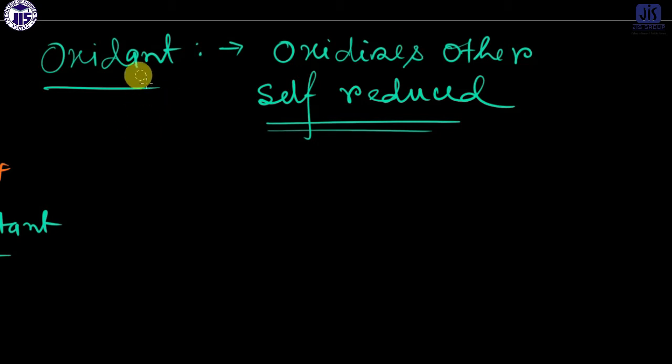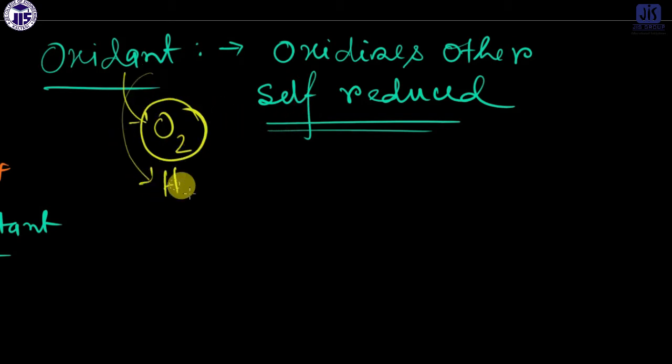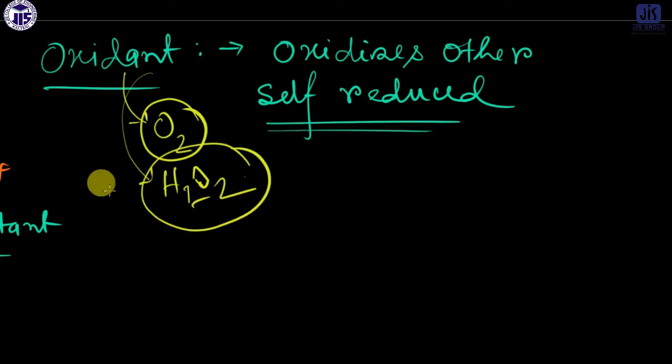There are many examples of good oxidants. Oxygen, first of all, is a very good oxidant. Generally it oxidizes others, but it is itself reduced. Another common example is hydrogen peroxide, H2O2, which is used as an oxidant in many reactions.